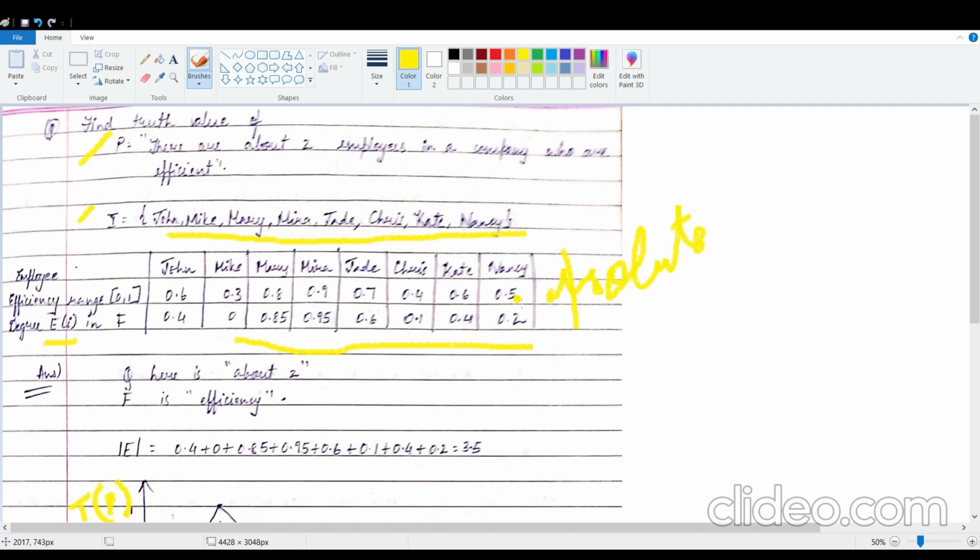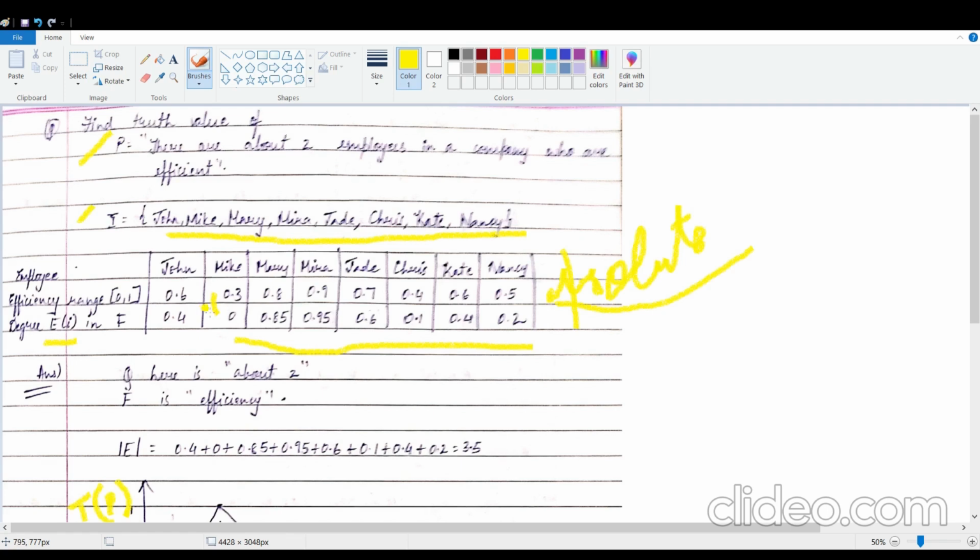Alright, fine. So here's the answer. A couple of values here will help you understand what these values are all about. The values in the second row, as I have already told you, are absolute values. So they are sort of like grade values associated with people. If you compare this 0.3 and 0 here, Mike, on a scale of 0 to 1, gets 0.3 as his efficiency value.